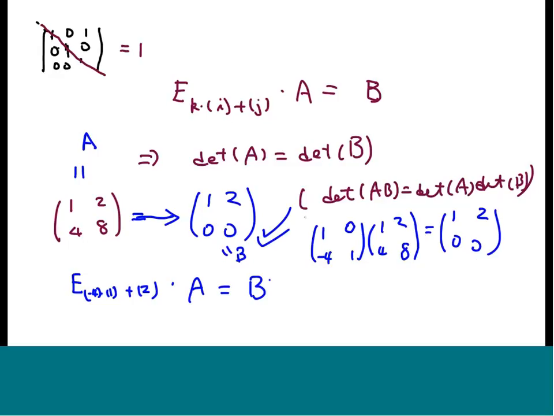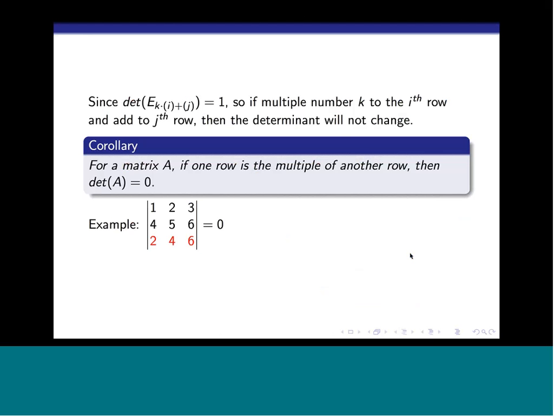What if it's like -3? Then with minus 3 you get 1, 2, 1, 2. The purpose for now is to produce 0, 0 here. So like this, your first row.